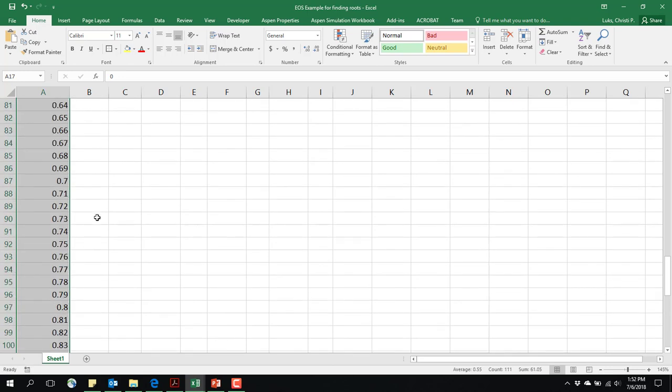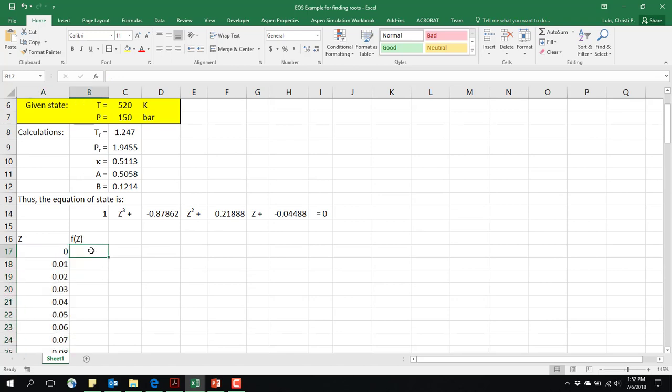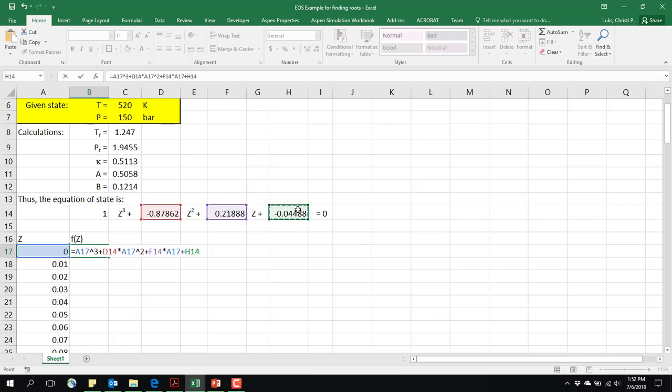So I have values of Z, and I'm now going to put in my function. And the function is going to be Z cubed plus this number in front of the Z squared plus this number in front of the Z plus this last number here.